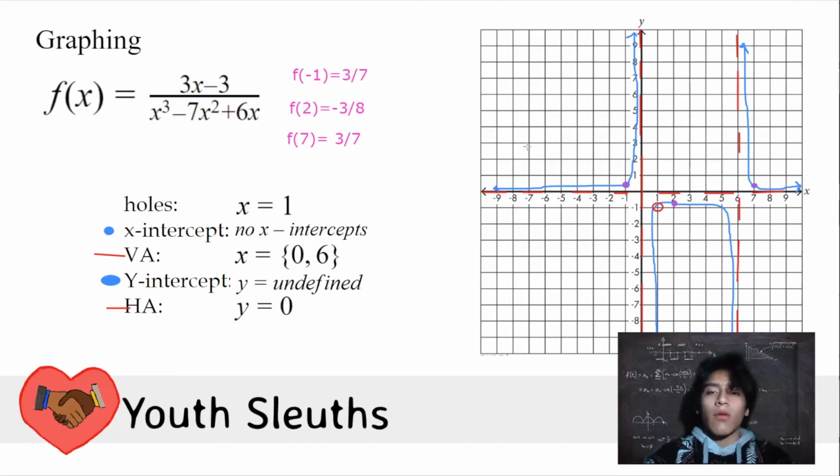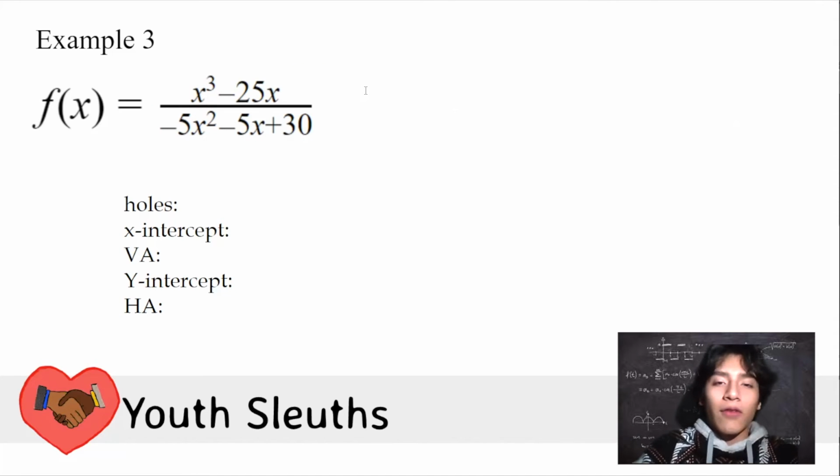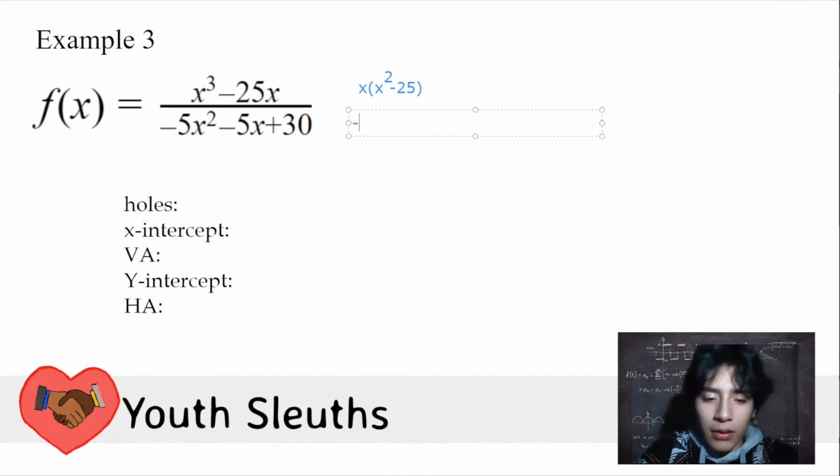And now let's look at one more example to see the case 3 of a horizontal asymptote. Now for this example, the first thing we want to do, like we did with the other examples, is factor. And I noticed that in the numerator, I could factor an x. So we get x times x squared minus 25. Then for the bottom, I notice I can factor out -5.